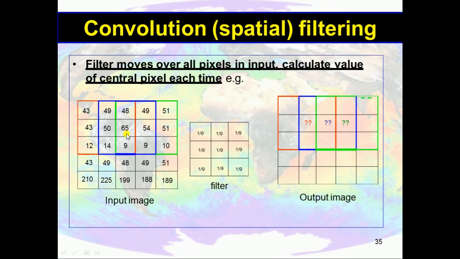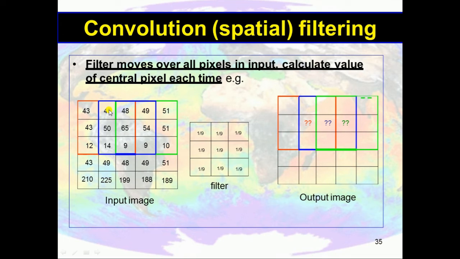The filter is 1 by 9, meaning the weight is one ninth of each pixel value. The output image value is the moving average of all the pixels in the window, divided by nine.